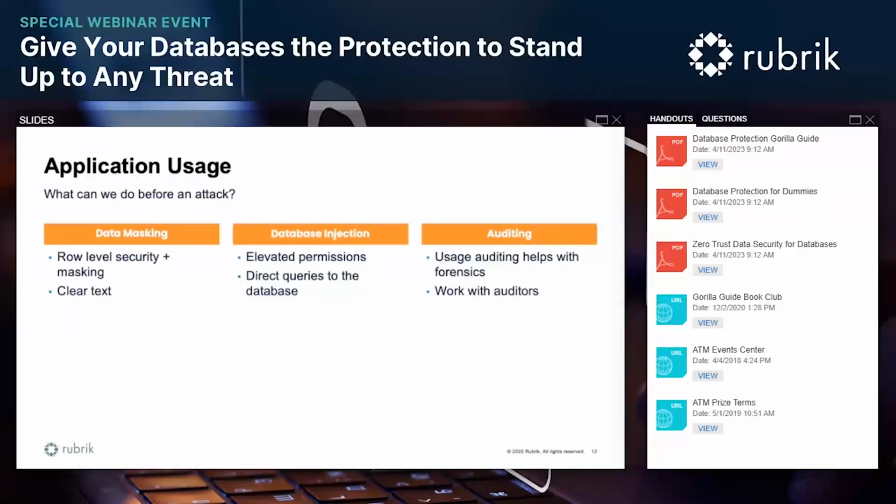Is it using database procedures, which you can extrapolate certain things from, and that way make sure that you're only getting the data that you want this particular query to be able to access and nothing more? Or does the application query database tables directly? If it's doing the latter, you're setting yourself up for a SQL injection attack, where somebody can go in and manipulate that query and get data they're not supposed to have access to.